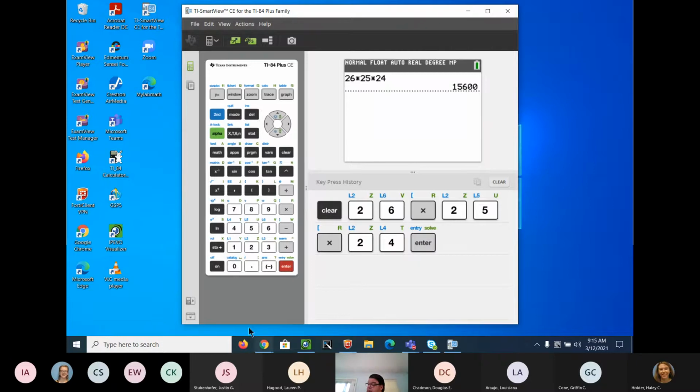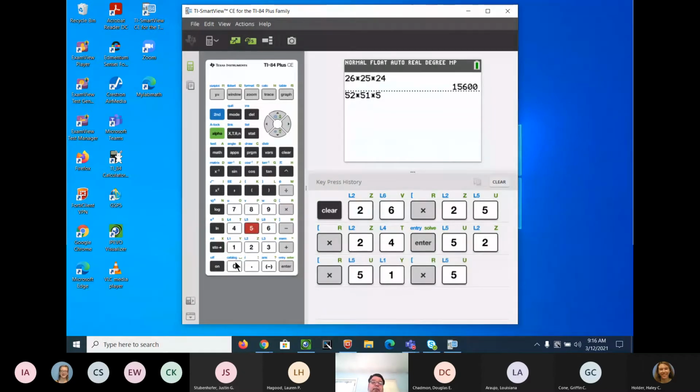Over 52 times 51 times 50. 132,600. Well, you could actually take out the zeros. I'm going to see if I could do this without having to use a calculator.